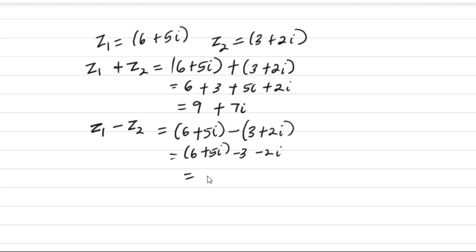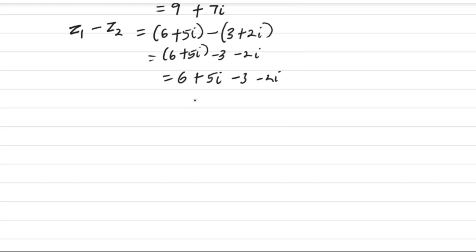So this is 6 plus 5i minus 3 minus 2i. Basically, what this will give us is 6 minus 3 plus 5i minus 2i. 6 minus 3 is 3. 5i minus 2i is going to give us 3i.